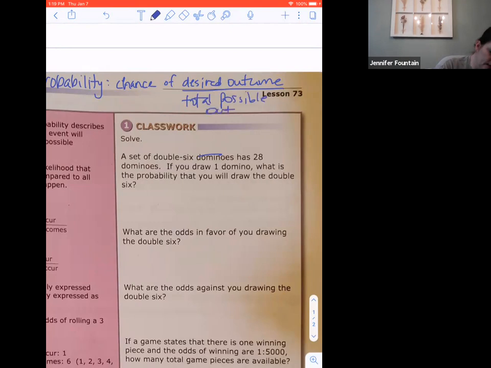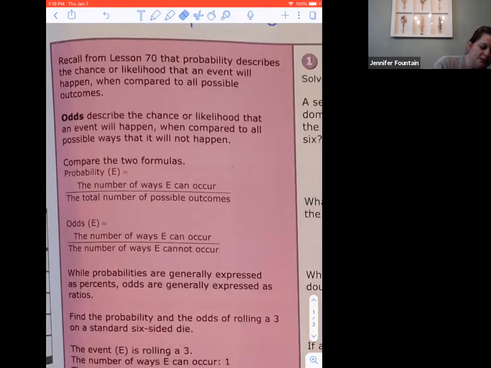So now when we talk about odds, it says odds describes the chance or likelihood that an event will happen when compared to all the possible ways that it will not happen. So probability, we looked at all the possible ways that they could happen.